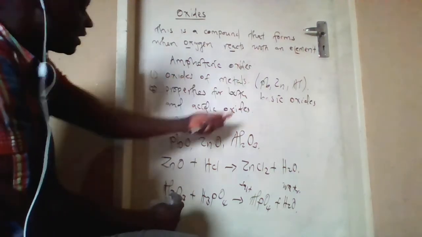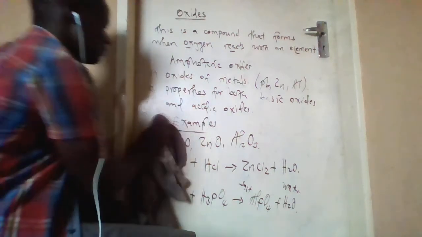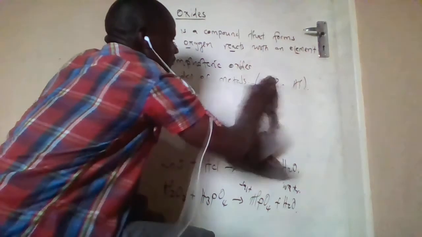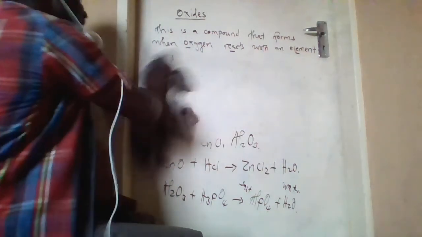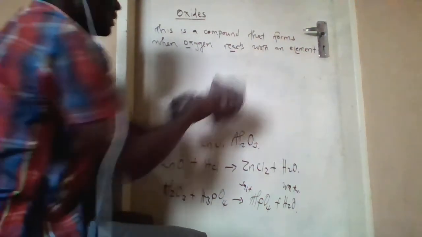Now, how can they possess acidic properties and react with bases to form salt and water? How can we show that? They also have acidic properties which enable them to react with the bases.